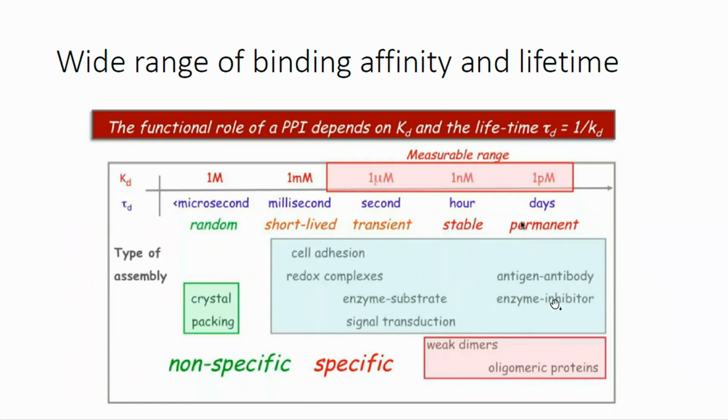So if you design a binder, sometimes we mean that we design something in the stable to permanent range, from nanomolar to picomolar, so those things can stay long enough and form oligomeric proteins, which are complexes that assemble multiple monomer proteins.